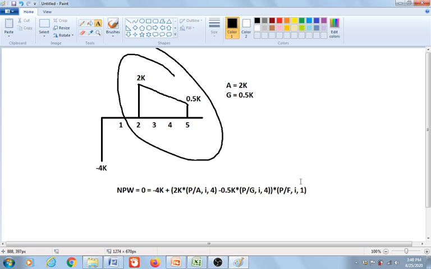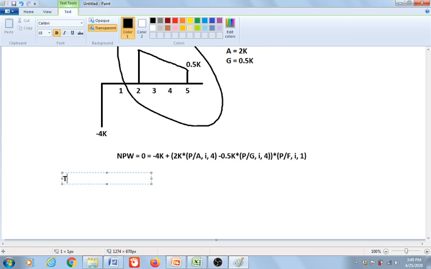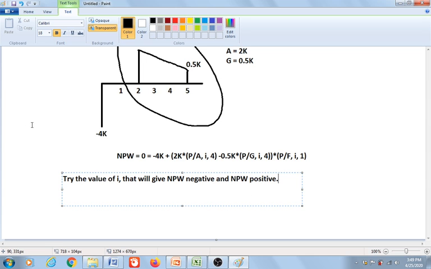So in order to solve the equation and find I, we need to do interpolation. If you look up the table, you need to try values of I that will give NPW negative and NPW positive.